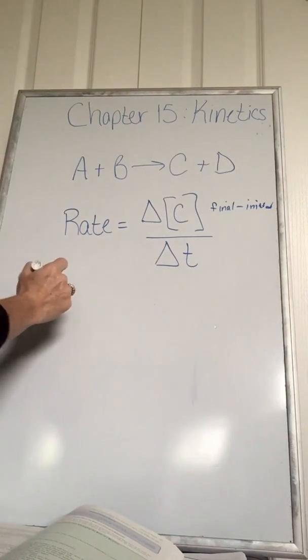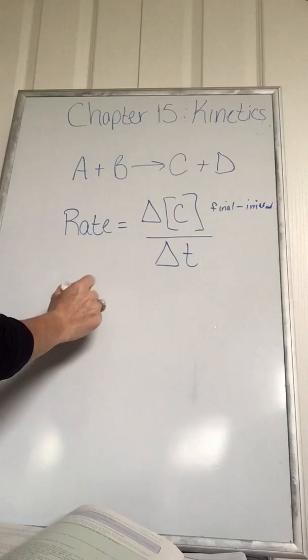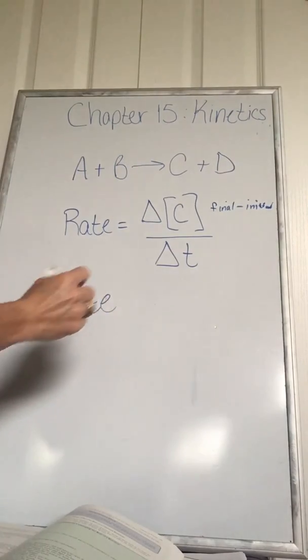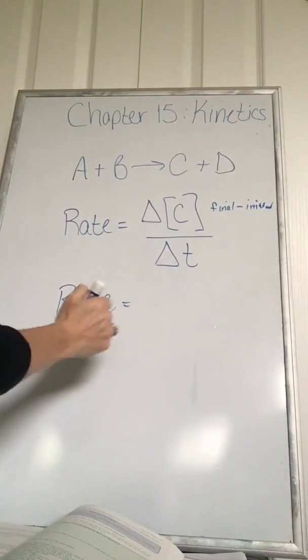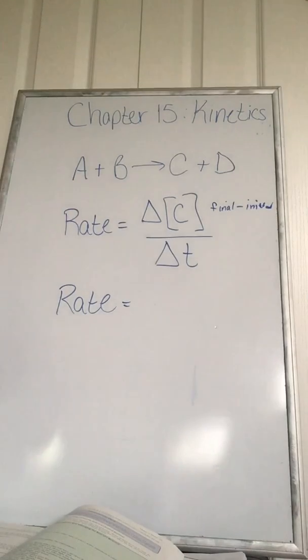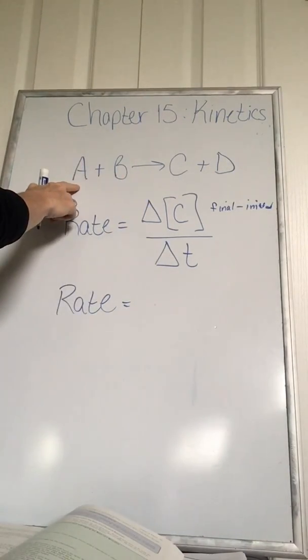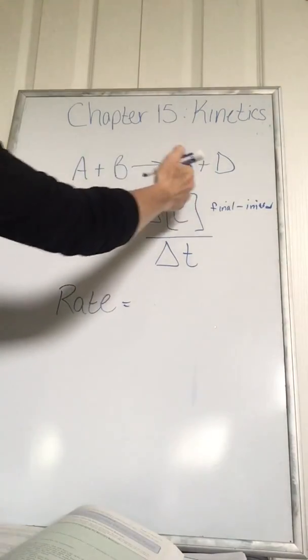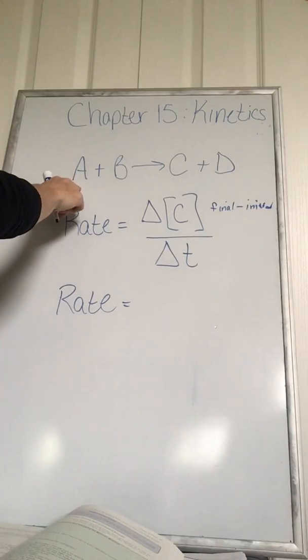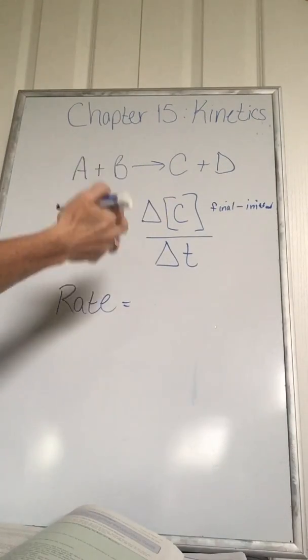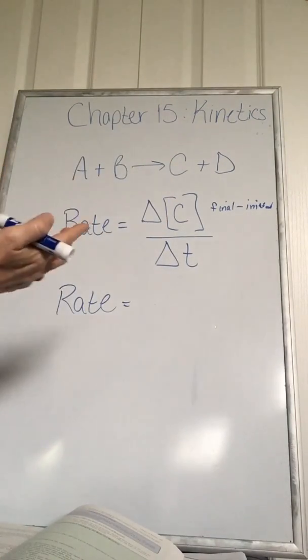You can use the same calculation, but because it is a reactant, it's going to be going down. You're going to start with a higher amount of A. As the reaction progresses, you're going to be using up A. So your A final will actually be smaller than your initial, so it's going to be negative.